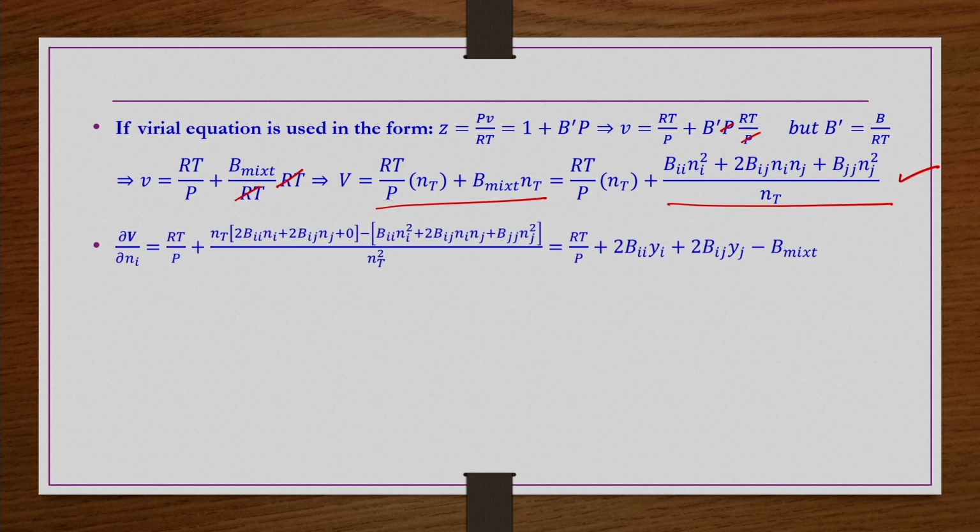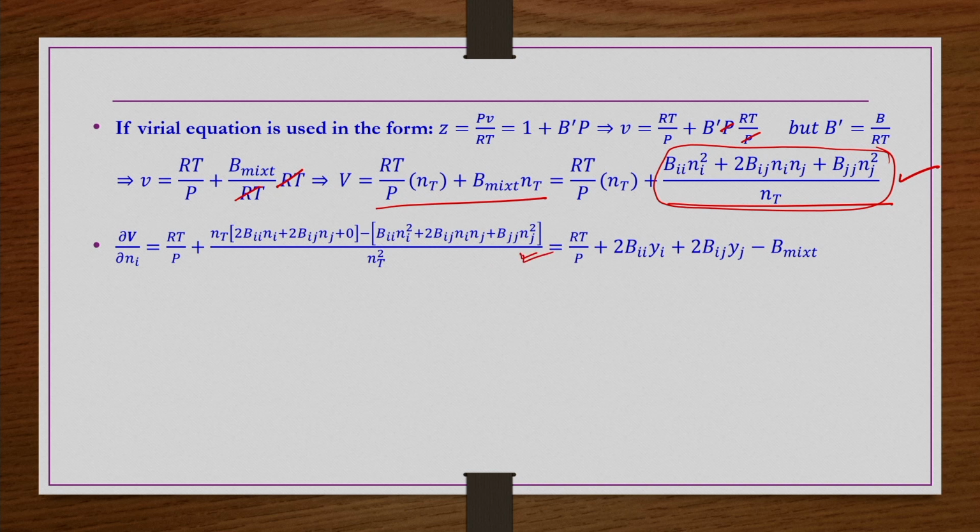Then we need dou V by dou Ni in order to substitute in the expression RT ln phi i equals integral of Vi bar minus RT by P dP, right, that is the generalized expression. There we need Vi bar, which is nothing but dou V by dou Ni. If you do that, you have RT by P plus this term, and if you do the differentiation with respect to Ni, you will have this expression, right.